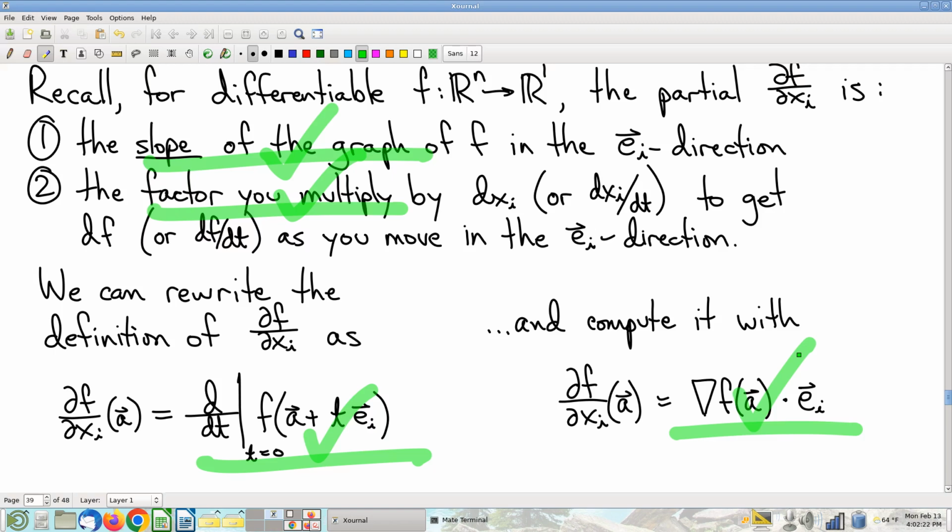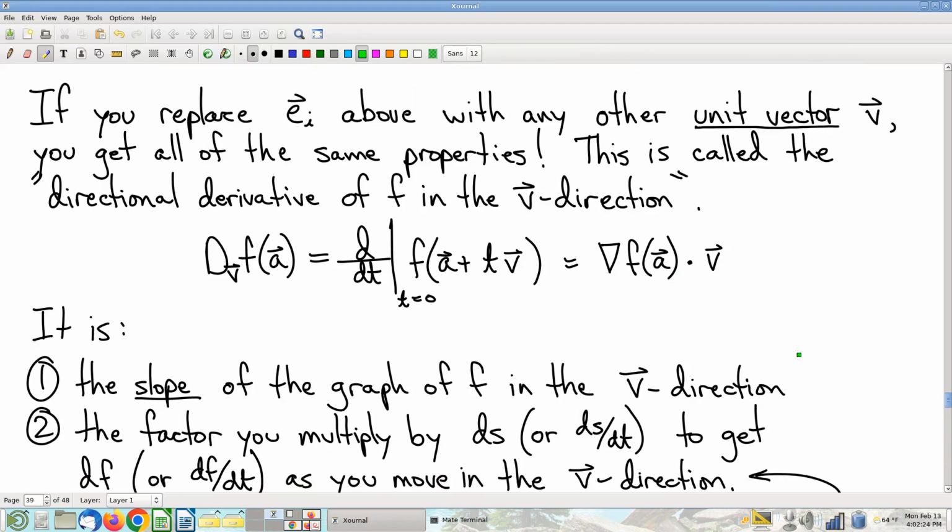So that's the intuition behind the definition I'm about to make here. We're going to define a directional derivative. If you have any unit vector, v, I don't really care what direction it points. Shouldn't matter anyway.